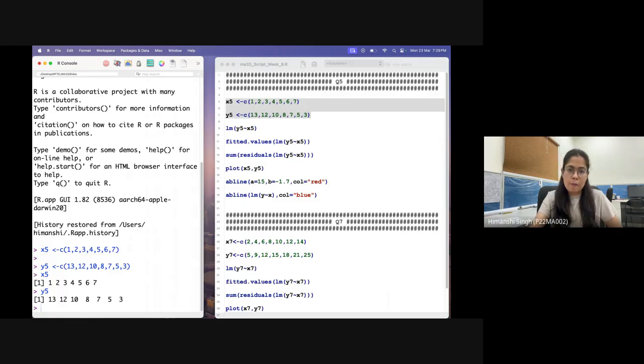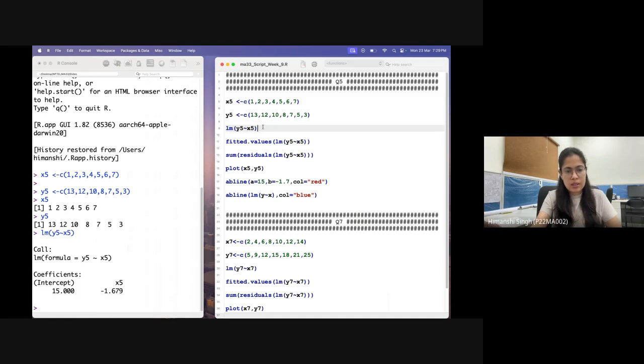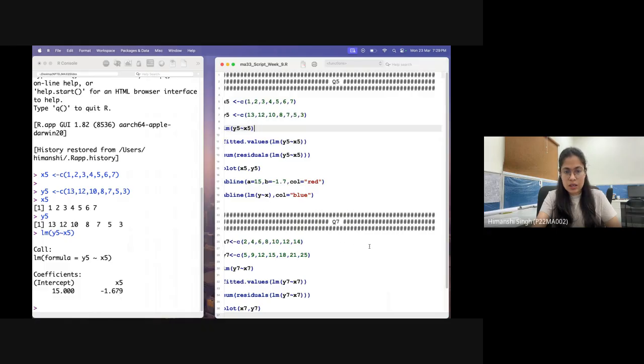Now if I want to find the coefficients of the line, I just do lm(y5 ~ x5). Just see here, the intercept came out to be 15 and the coefficient, or the slope term, is minus 1.679.